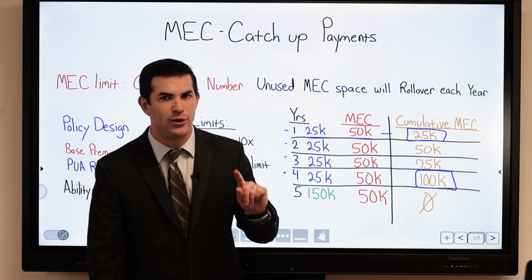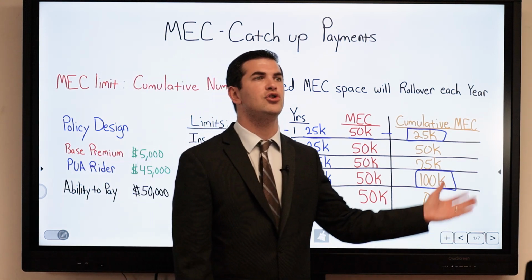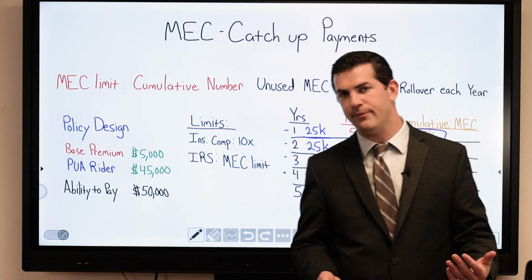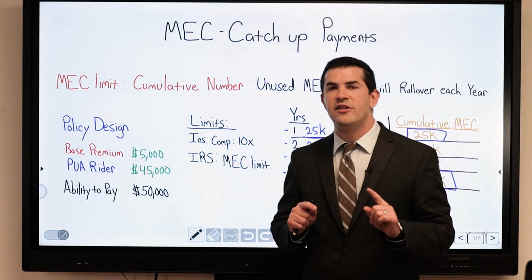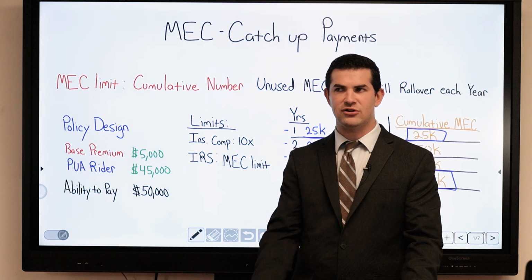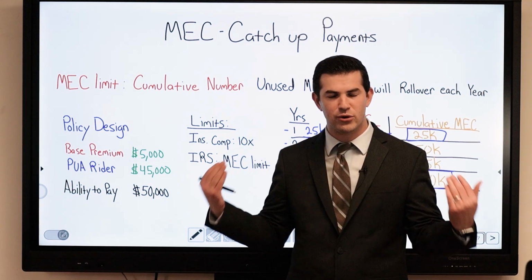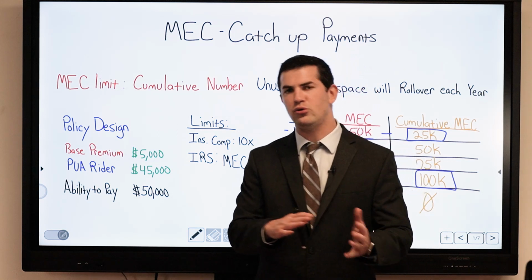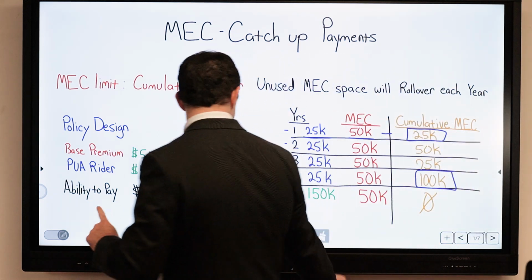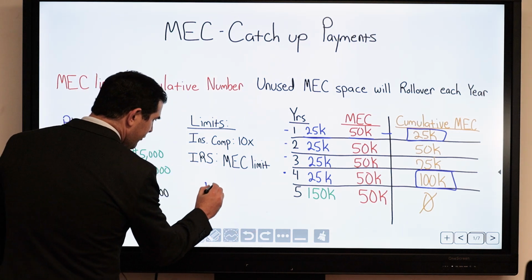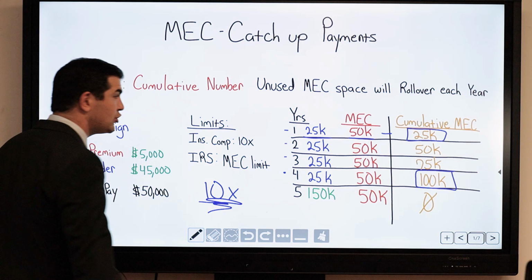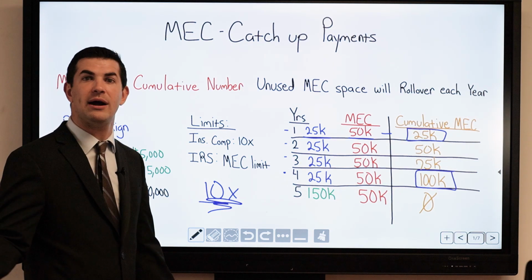The insurance company will permit me to make a large lump sum PUA catch-up payment to make up for lost time. As a quick side note, the policy does have to be constructed properly for the company to take those payments without going through medical underwriting. That's a whole other conversation, but that is very important. And second, they will allow us to exceed that 10x limitation when it comes to catch-up payments. We've never had a problem with that.